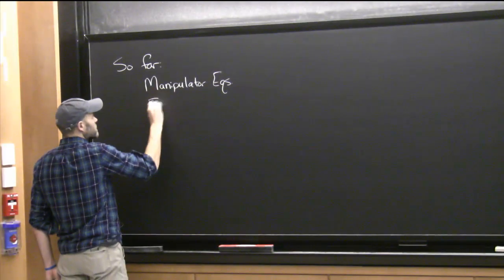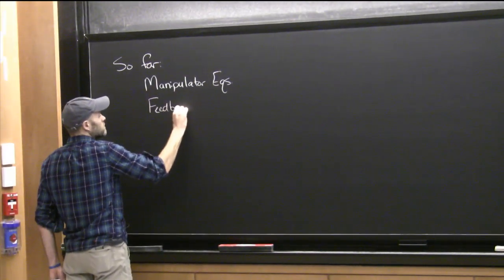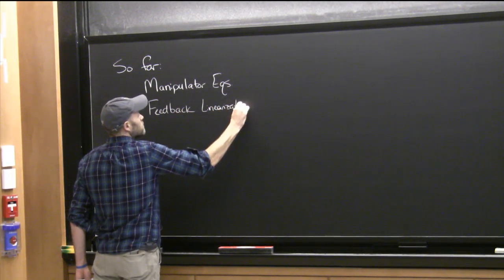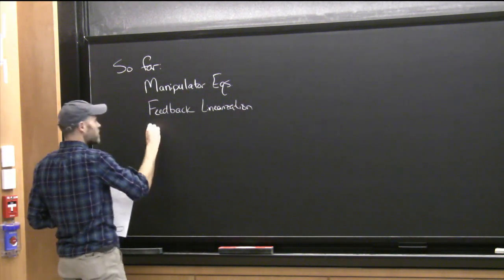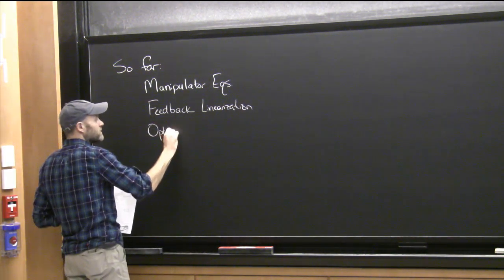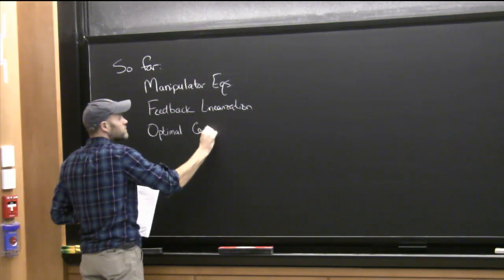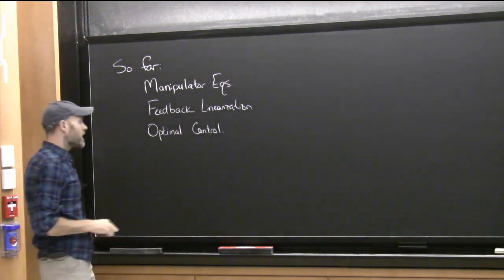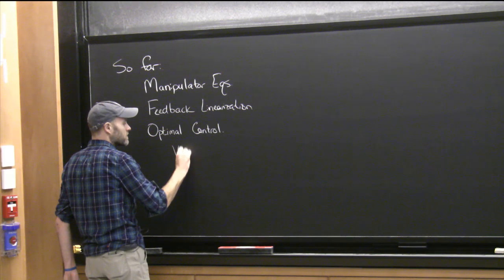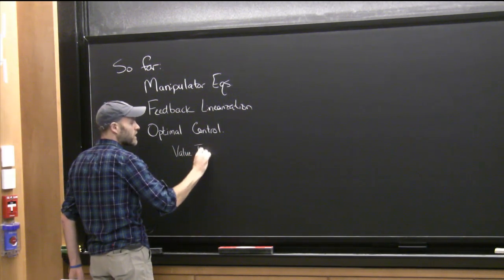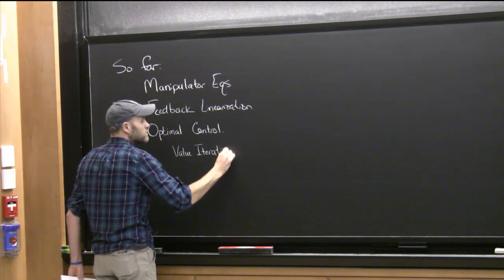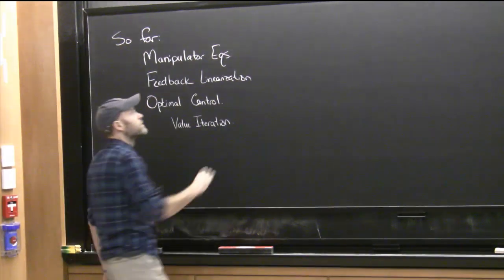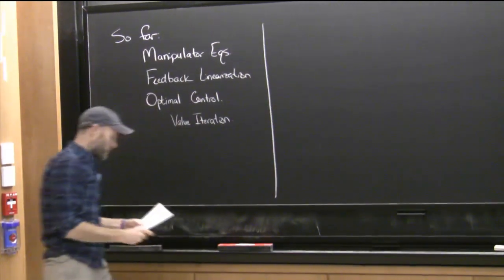We talked about feedback linearization. And then we started talking about optimal control as a maybe better way to program these systems. And in particular, we talked about value iteration as the numerical algorithm of choice so far for the simple systems. And the question for today is, can we go farther with it? How far can we go with value iteration?